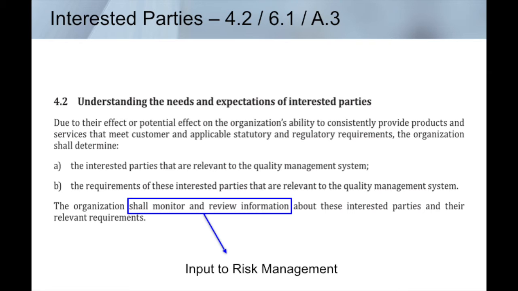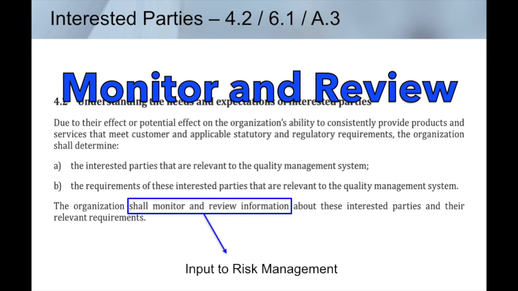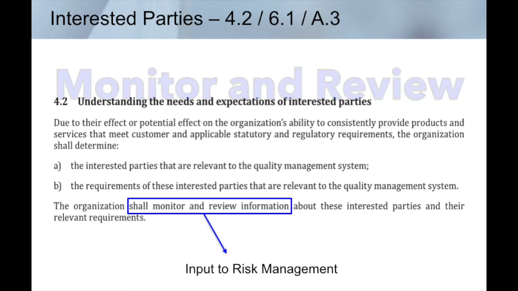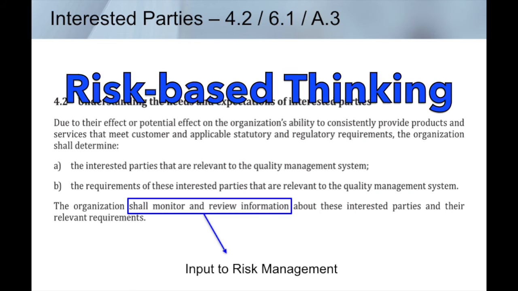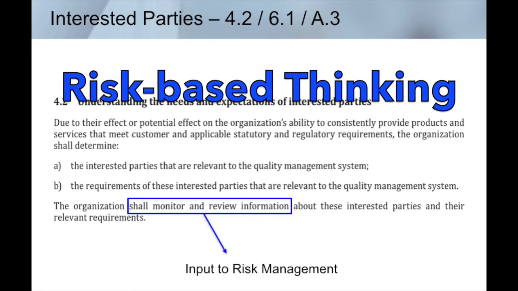This begins by identifying interested parties to the quality management system. Once defined, the organization shall monitor and review information about these interested parties and their relevant requirements. This is an iterative process. It is also input to risk-based thinking.